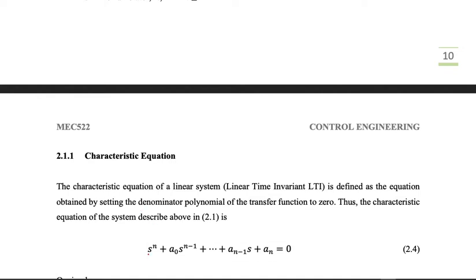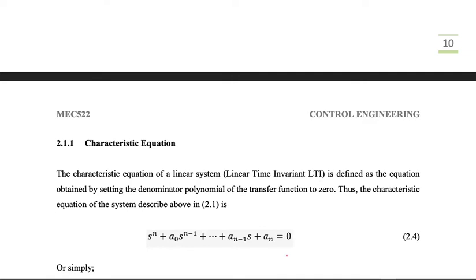So this characteristic equation is given by equation 2.4. This equation 2.4 can tell us about the behavior, also the stability of the system, whether the system will converge or not converge when we apply a certain input to the system.